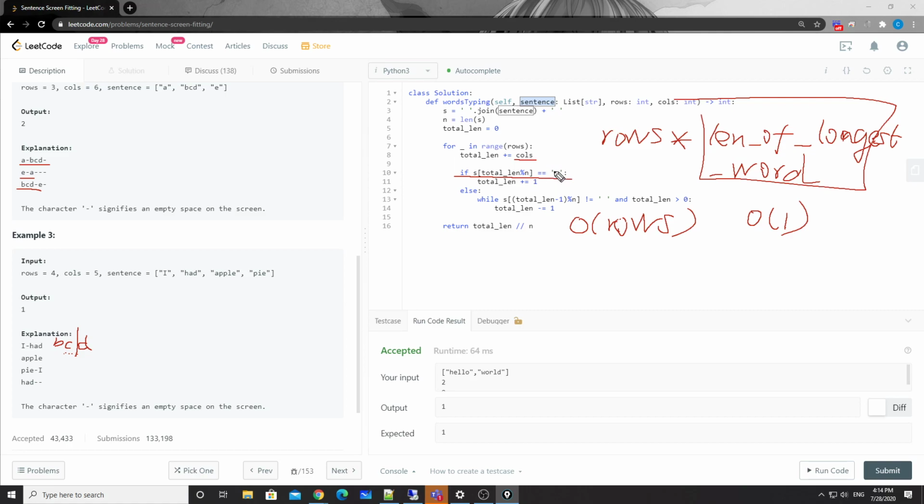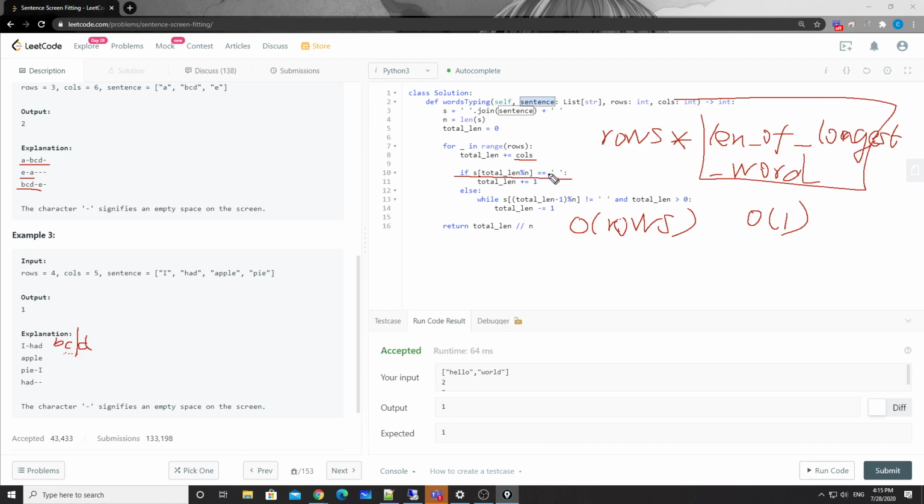And the way we check that is we take the total current length and use the modulo with n. If it happens to be pointing to a space, then we know this row can be fully utilized. Otherwise, we remove from the total length one by one until we have a space. Yeah. Okay, cool.